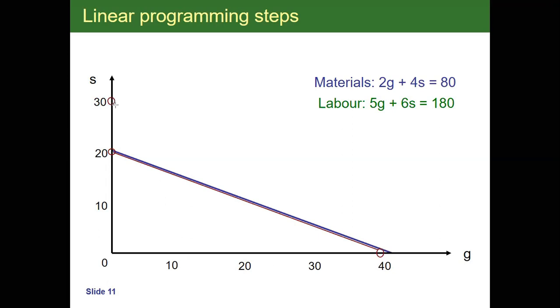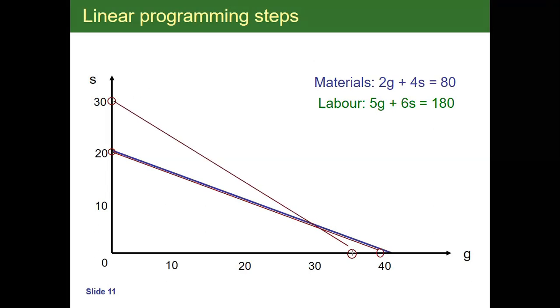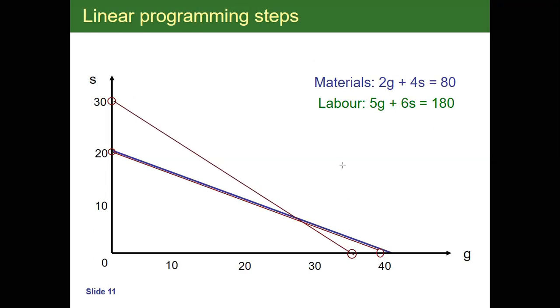This is one point. Then you make S equal to 0, and 5G is equal to 180, so G will be 36, somewhere here. Then you can join these 2 points like this, and this is going to be your constraint for labor. So the first line is for material, the second line is for labor.